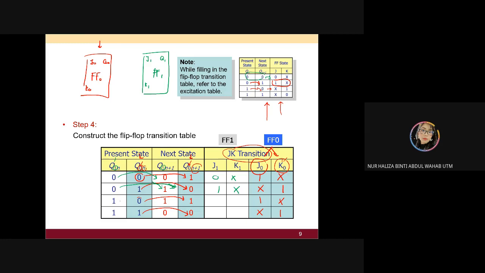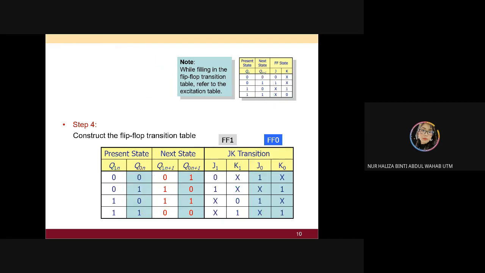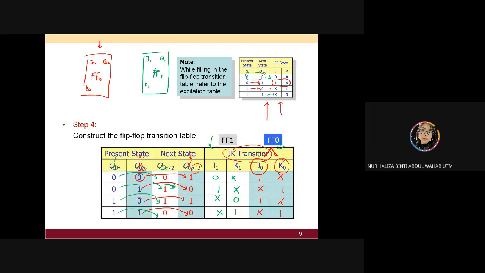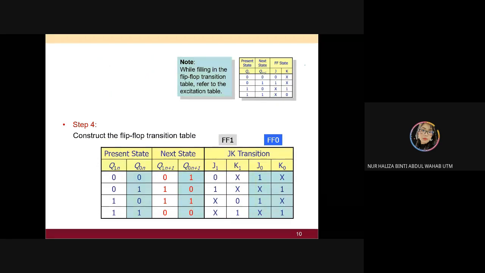And then 1 to 1, you're going to have x0. And lastly, 1 to 0, you have x1. So kalau I tersalah refer this one, you inform me. So this is how you're going to fill in all this value. So you akan dapat itu jawapan I. This is the answer. So this is step number 4.